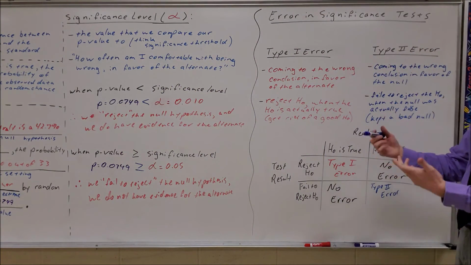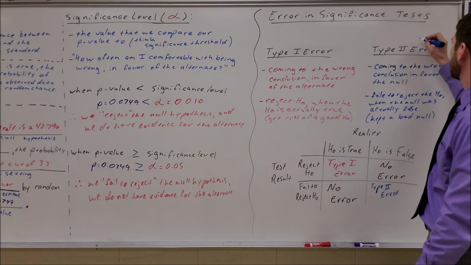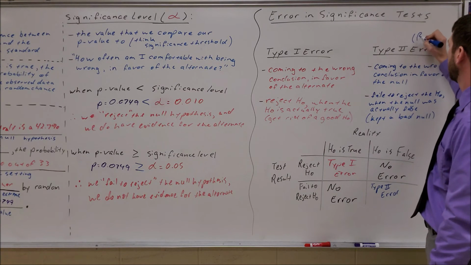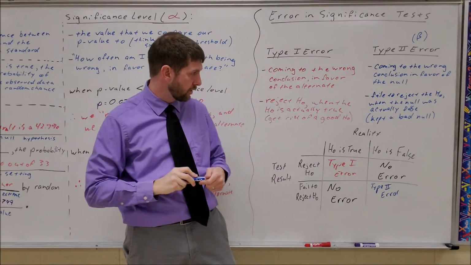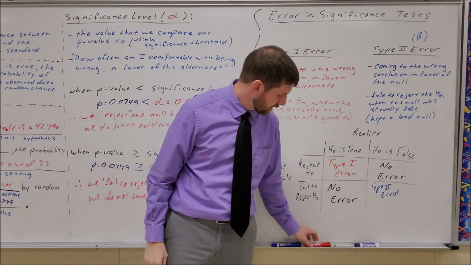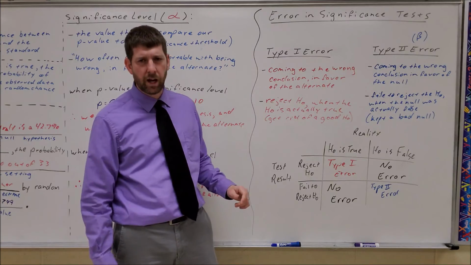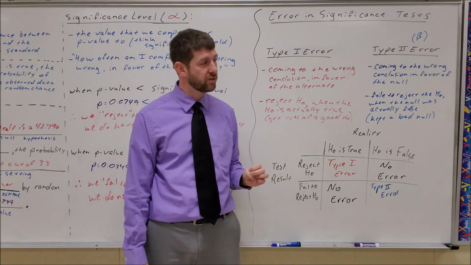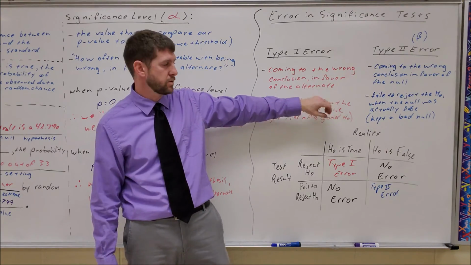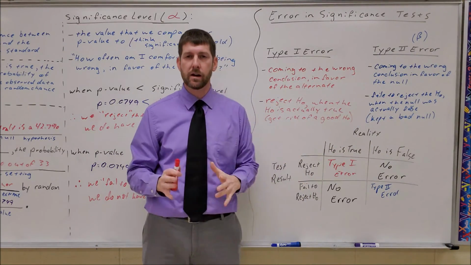Now, there are probabilities of these. The probability of a type 2 error, we denote with beta. Okay, so beta is the probability of a type 2 error. And it kind of comes off of an alternate reality, right? We kept a bad null. So this is our sampling distribution. This is the alternate reality sampling distribution.